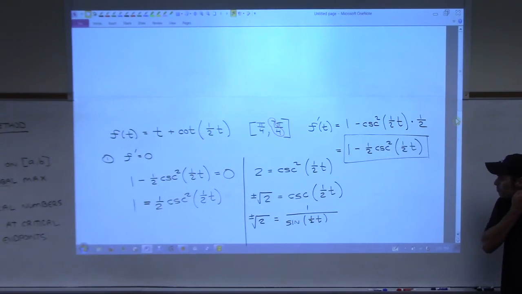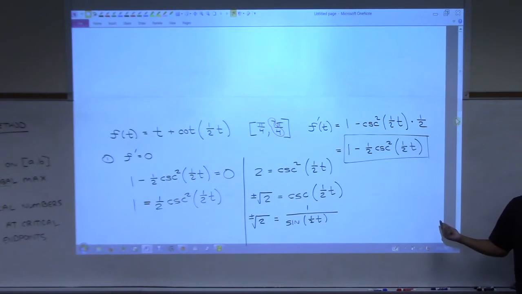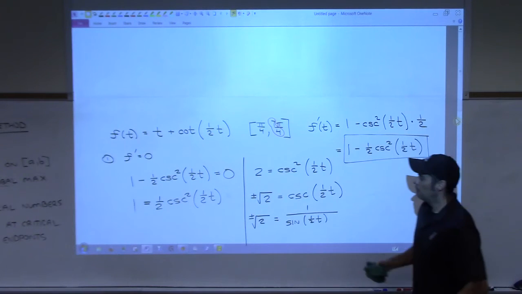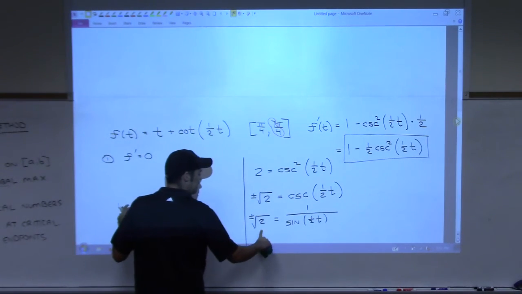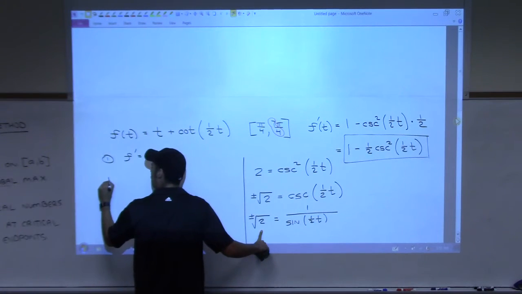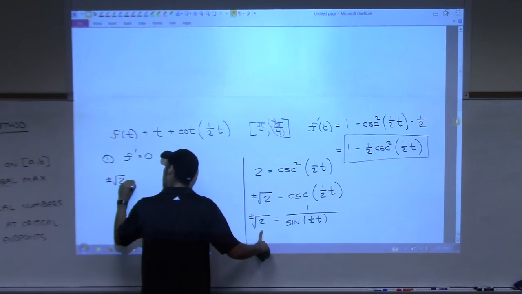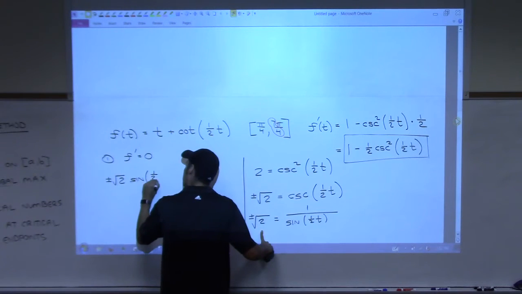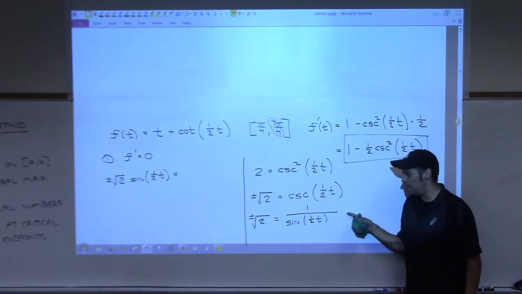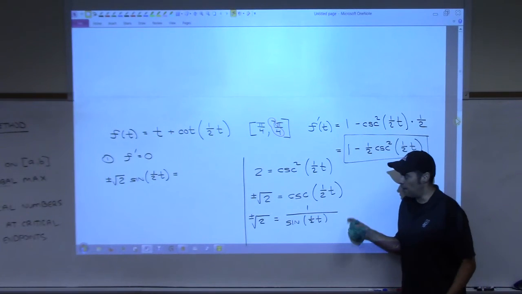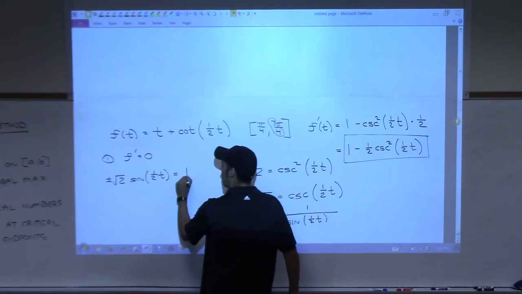Multiply both sides by sine of 1/2 t. On the left side, I'm going to have plus or minus root 2 sine of 1/2 t. And the right side? Just a 1. All right, we're getting there.